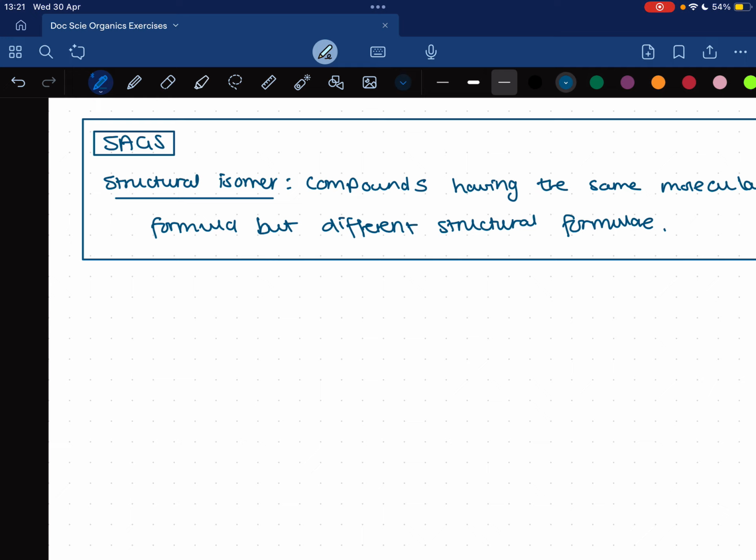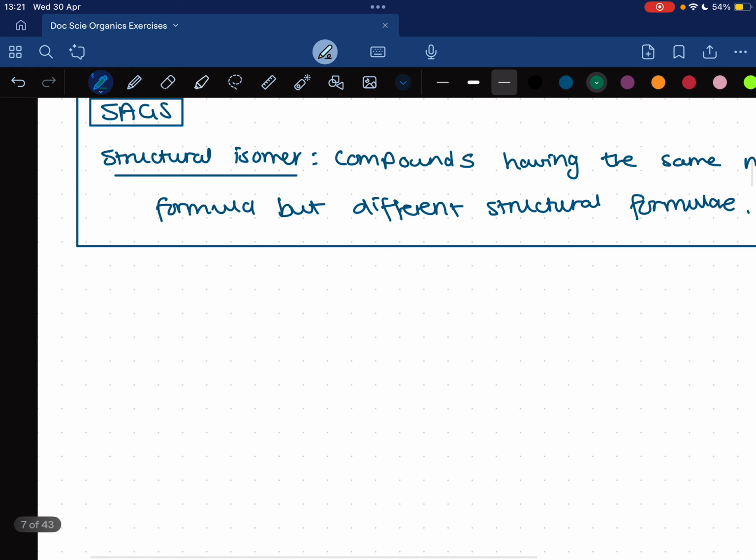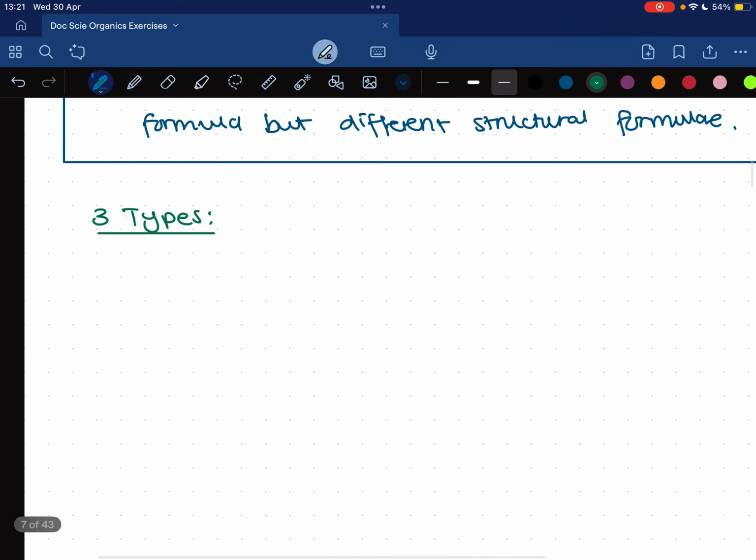There are three types of structural isomers that we look at. I'll write the three types. The first type that we look at are called chain isomers.